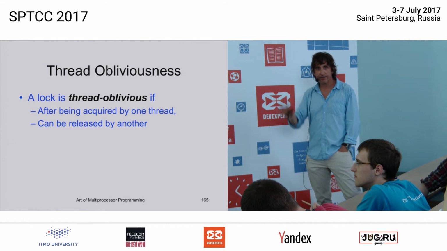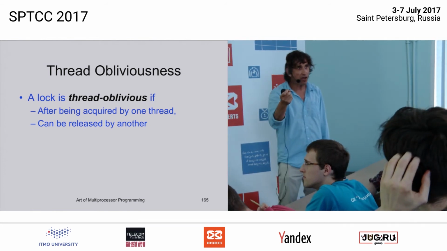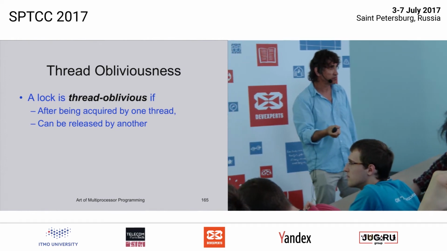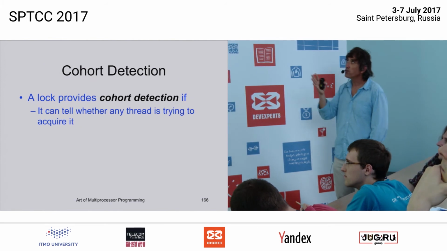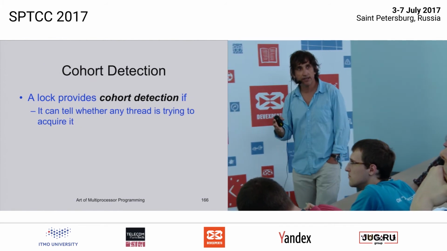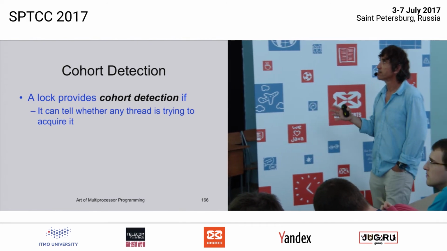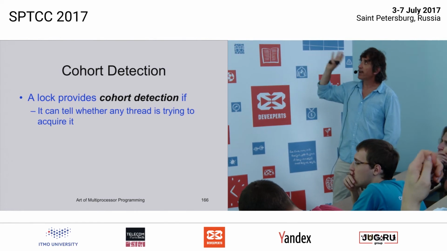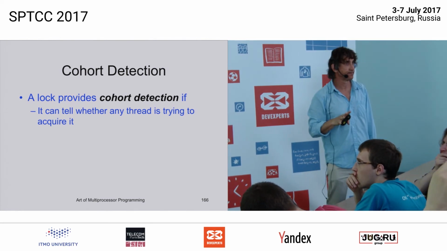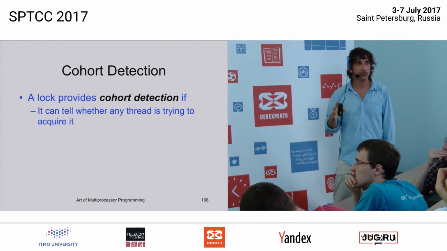That is, the thread that grabs the lock is not the thread that releases it. The other property I need is cohort detection. A lock provides cohort detection if you can tell whether any thread is trying to acquire it. So I know if somebody's trying to acquire the lock.